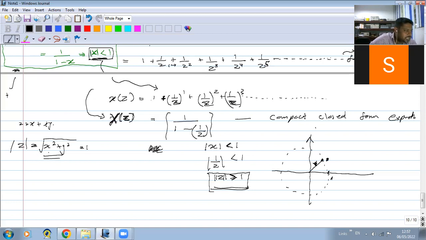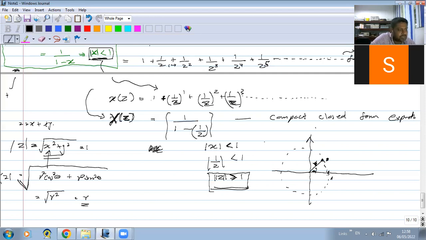Okay, so if you convert this to the polar form, and you find this theta, this is R square cos square theta plus R square sin square theta. If you take the square root, that means if you find the magnitude, you will get R. So this should be the unit circle actually.